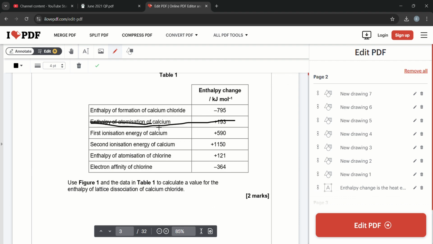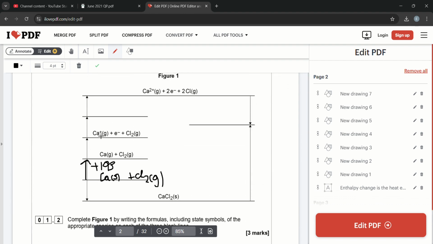Calcium. Okay, let's fill in the rest before we even carry on. Well, this is obviously first ionization energy, so therefore this must be second ionization energy.